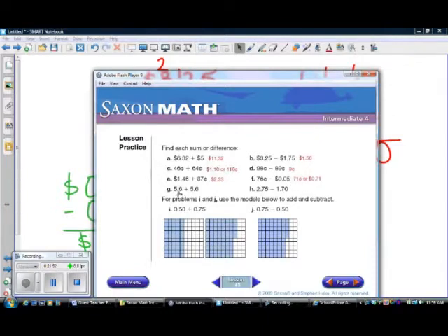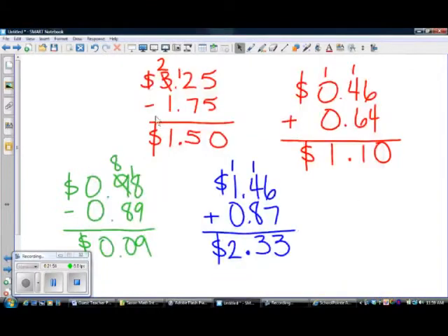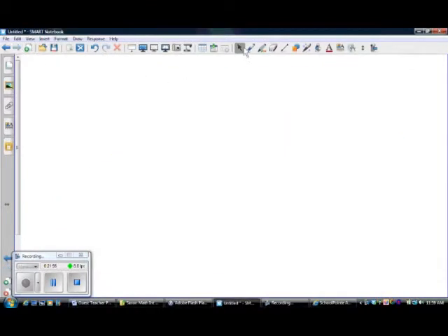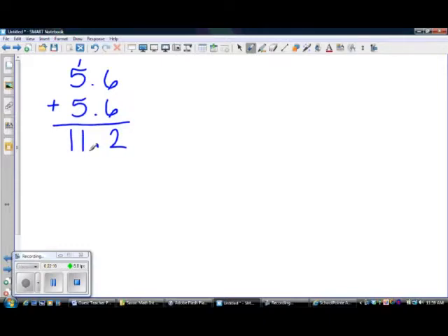Now, 5 and 6/10 plus 5 and 6/10. 6 plus 6 is 12. Stop, drop, decimal point. 5 and 5 is 10 plus 1 is 11. And the final answer is 11 and 2/10.